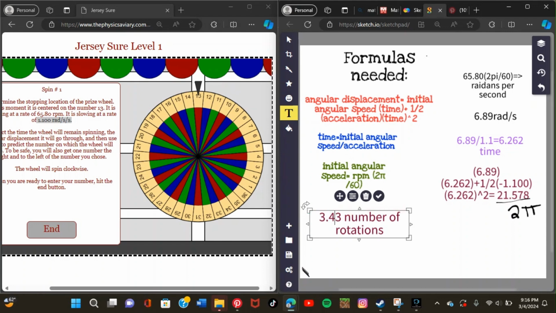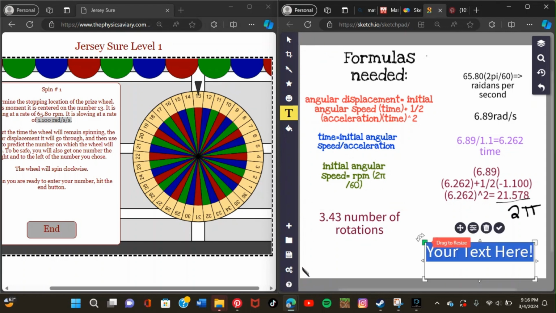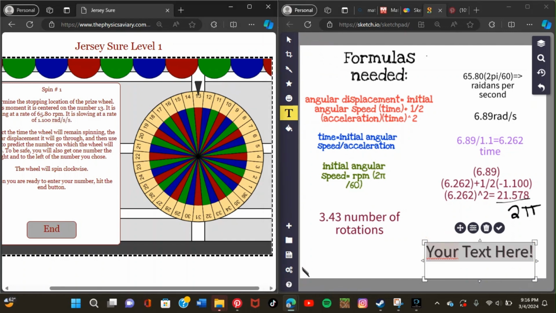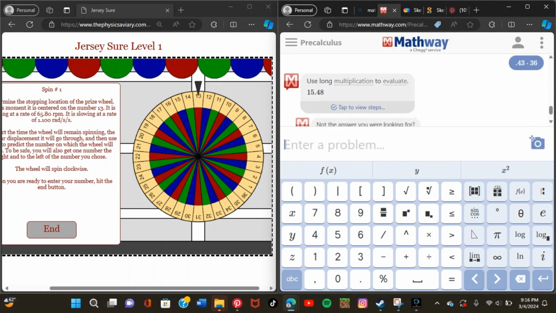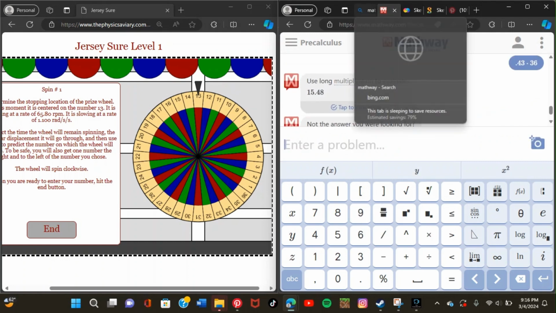So 0.43. So to find the number of spaces after 13, we would get the decimal place and then multiply by the number of spaces, which is 36, and that would equal 0.43 times 36, 15.48.